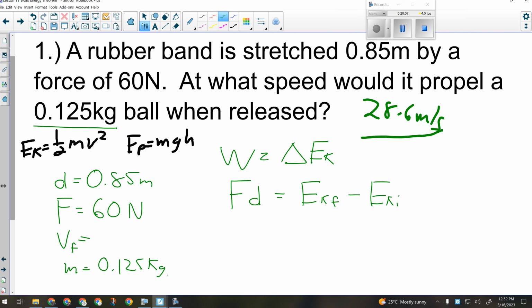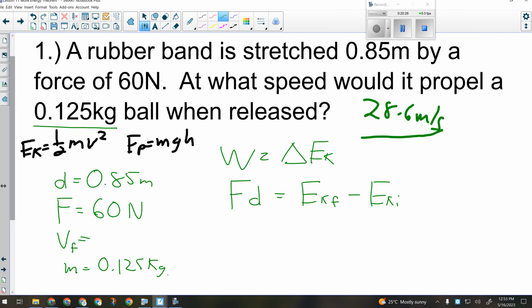Now here's another spot where I have to think about and visualize what's happening in this question. I have a ball and a rubber band, I pull the rubber band back, and I haven't let it go. There's elastic potential energy in the rubber band here, but is there any kinetic energy yet? No, the ball isn't moving yet.